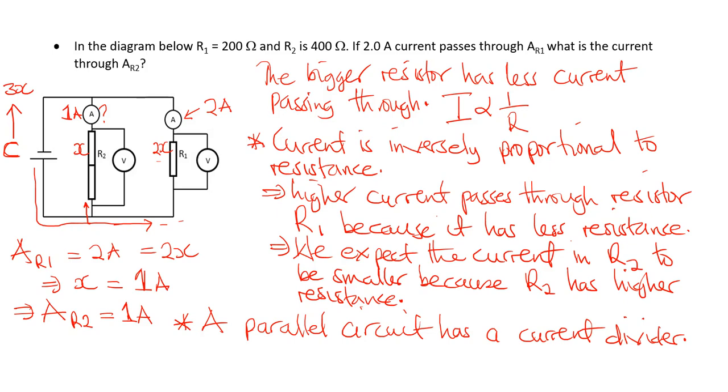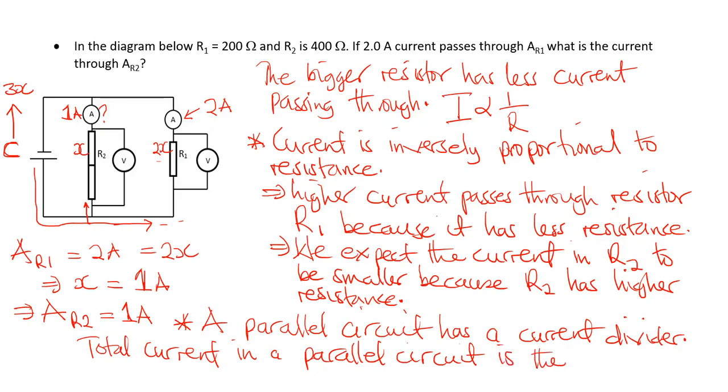Because the total current in a parallel circuit is the sum of currents from all the loops.